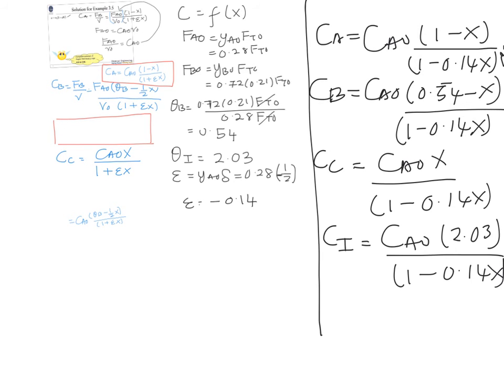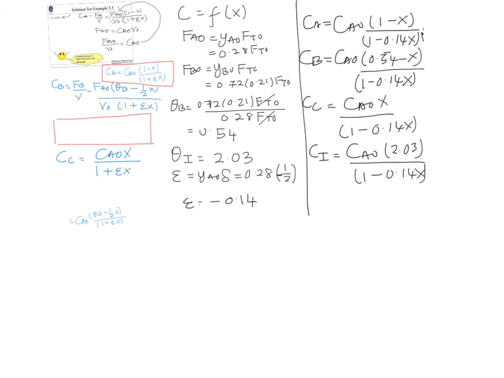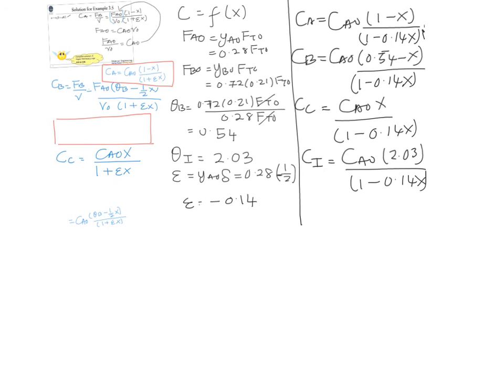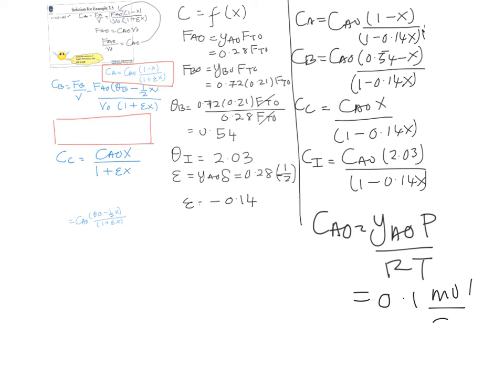Okay, now you can calculate the value of CA0. Using the ideal gas law, CA0 equals YA0 P over RT. So using the data given in the question, you will get 0.1 mole per dm cubed.